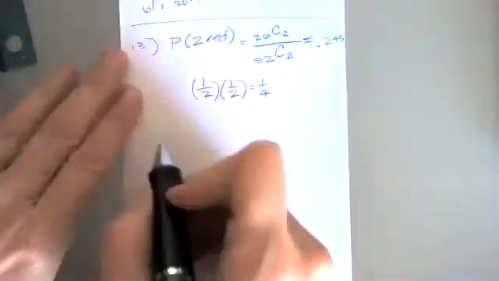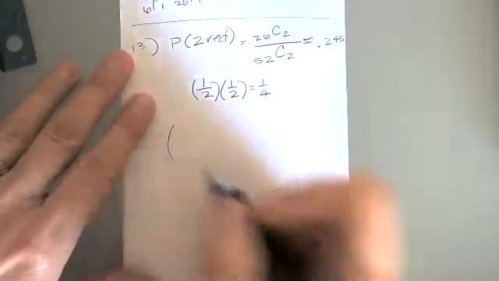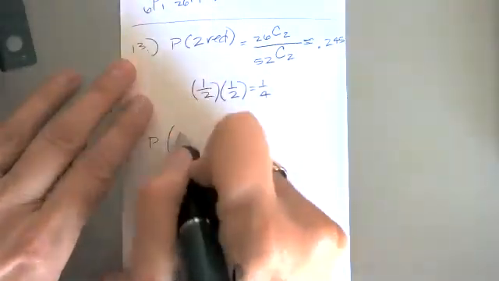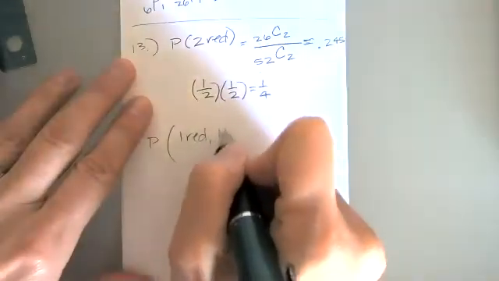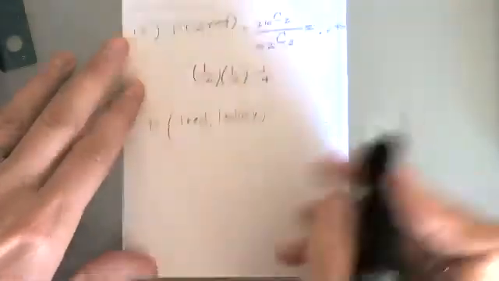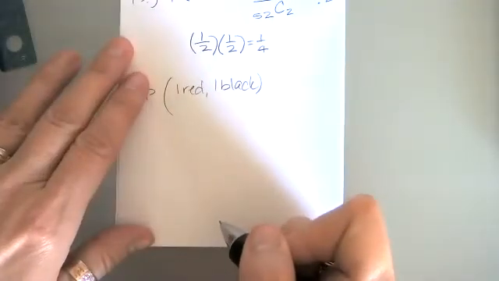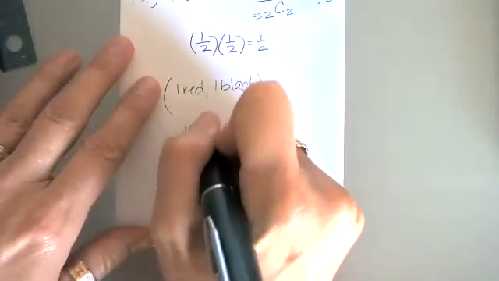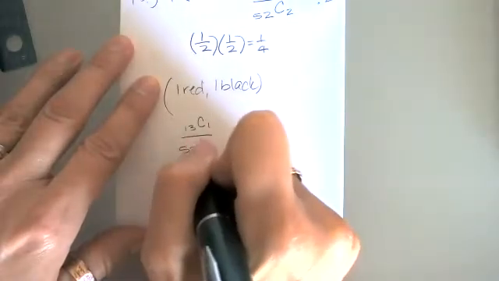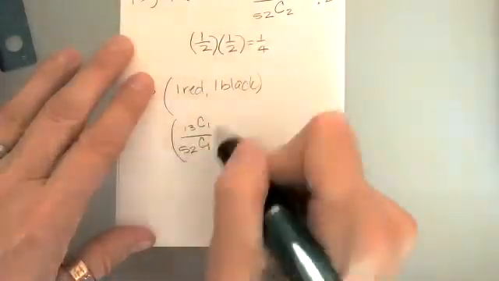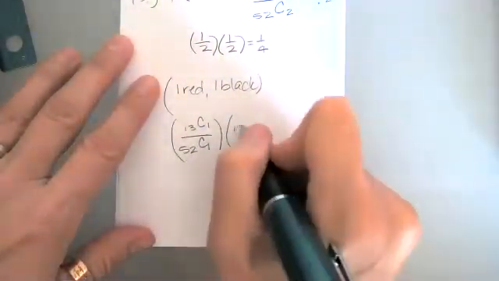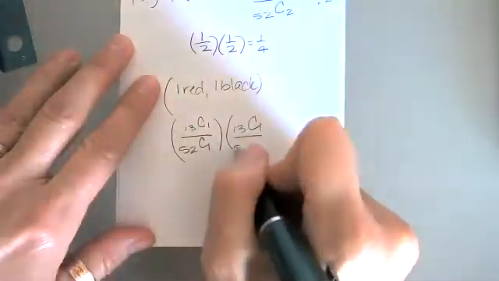I think that would be different. If we want to know the probability of 1 red and 1 black, the probability of drawing 1 red would be 13 choose 1 out of 52 choose 1 times 13 choose 1 out of 52 choose 1.